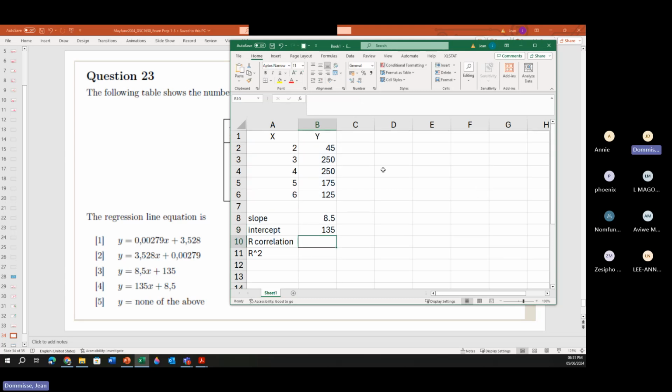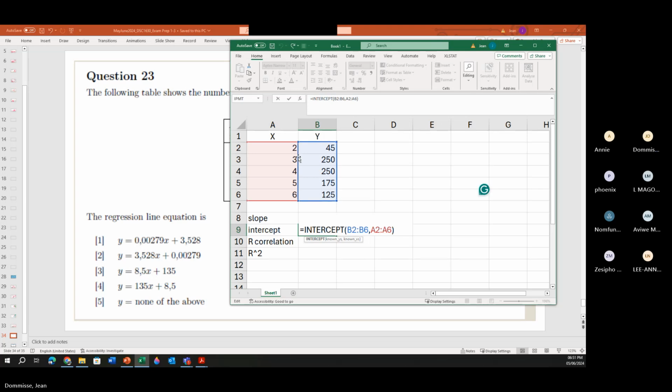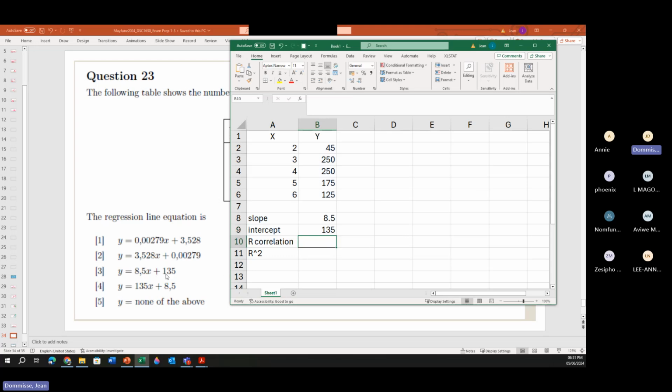They make nearly sure that if you have put it into your calculator or into Excel incorrectly, that there is the answer. So let's make sure again: Y's first, X's second. So we get the 135. So intercept 135, the slope is 8.5.